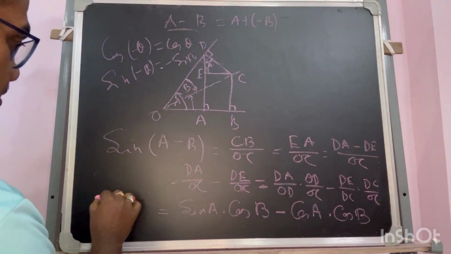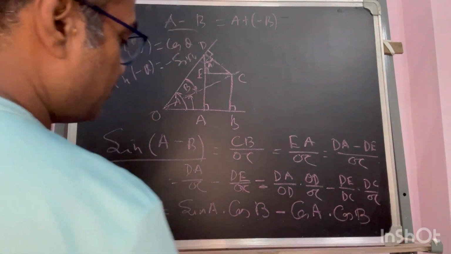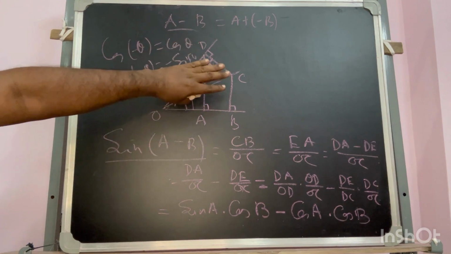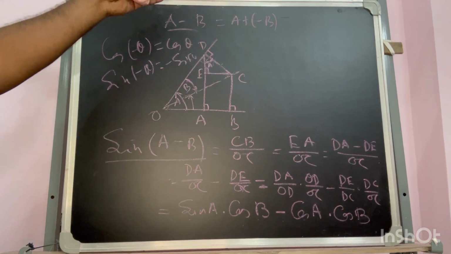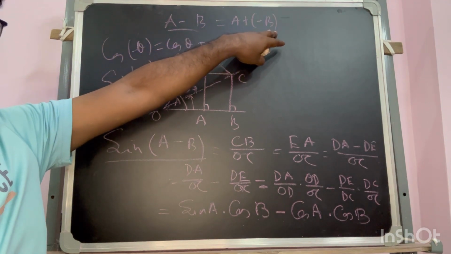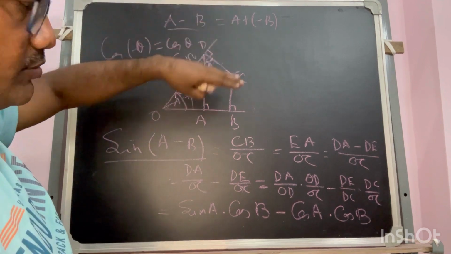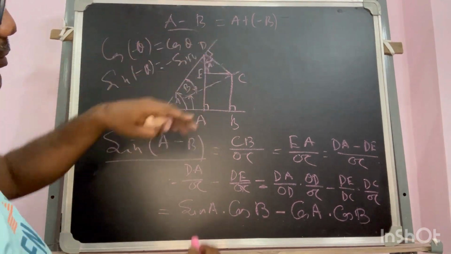Now see, sine of A minus B is sine A cos B minus cos A sin B. That also being proved in a geometric manner. Earlier we used the property, I have represented it as A plus minus B, for the earlier formula that I have described or derived in a geometric manner. What is that?